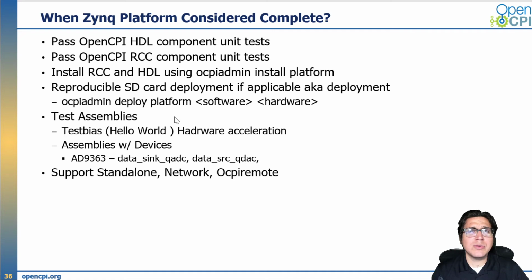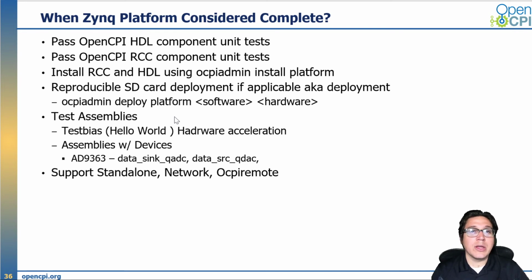There are three different modes that platforms are capable of running: standalone mode, network mode, and OCPI remote. OCPI remote is what we're using now, and what you would use to do all the hardware and loop testing of the components, the component unit tests.